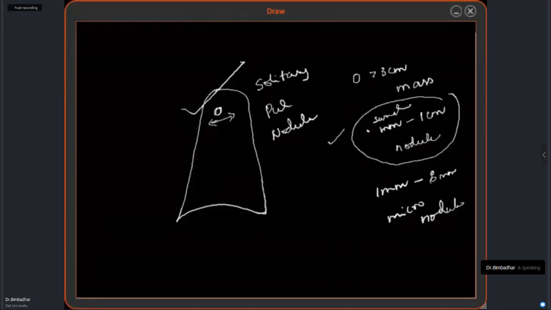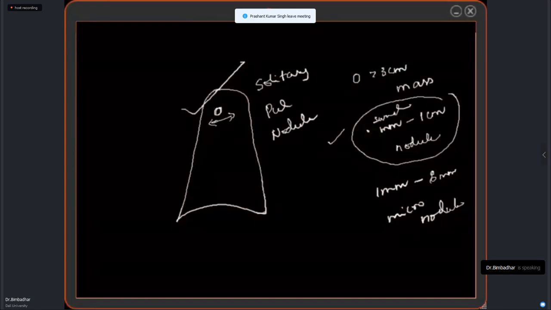Now next, you can see there are so many calcifications all over the lung. You can call them microgranulomas that are occurring along the interstitium, right? They are small discrete nodules present all over the right lung.